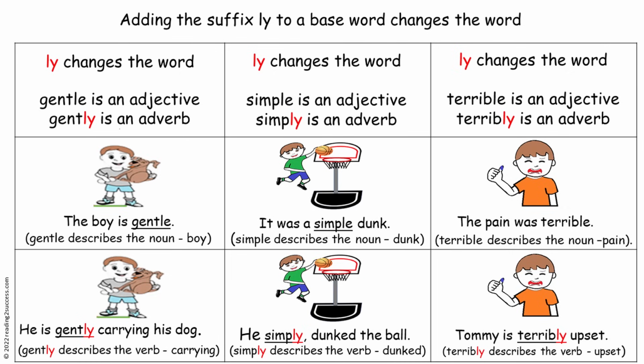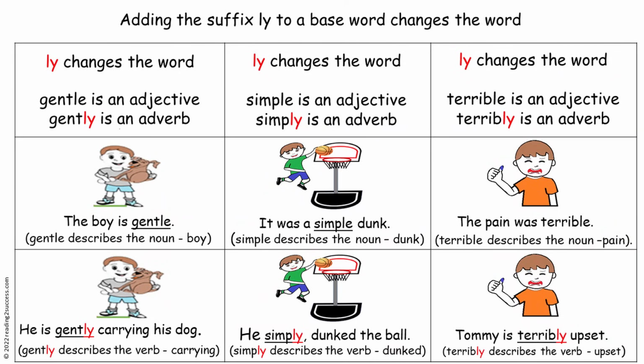The suffix ly changes the word from an adjective that describes a noun to an adverb that describes a verb. In our first sentence, gentle is an adjective that describes the noun boy, and gently is an adverb that describes the verb carrying.